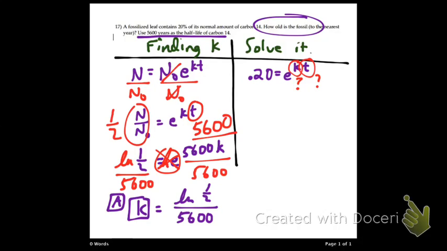Maybe that gets a little bit confusing, but hopefully not. I'm going to type this into my calculator, ln of 1/2 all over 5,600. I'll pause the video real quick and then come back.